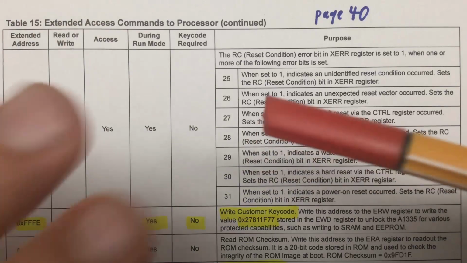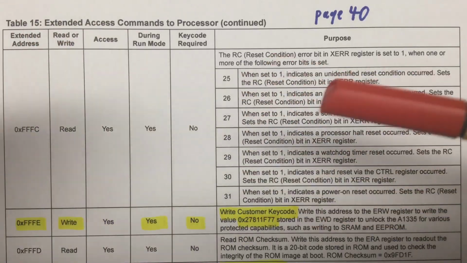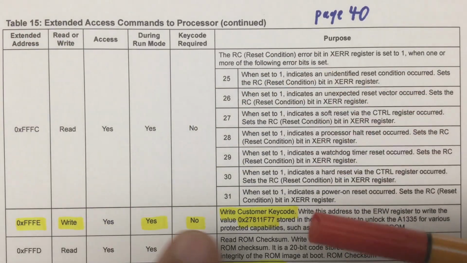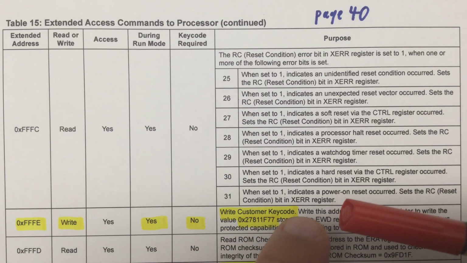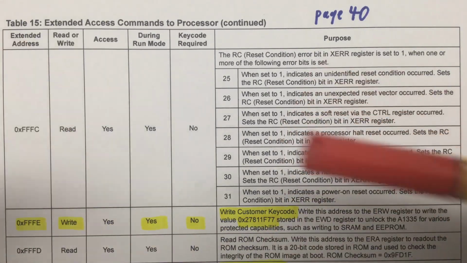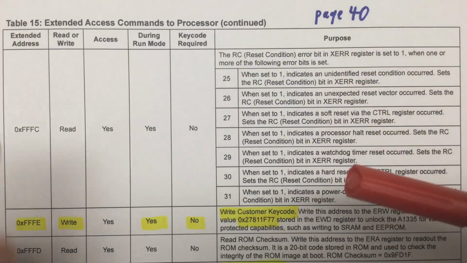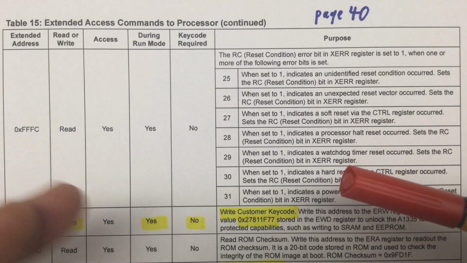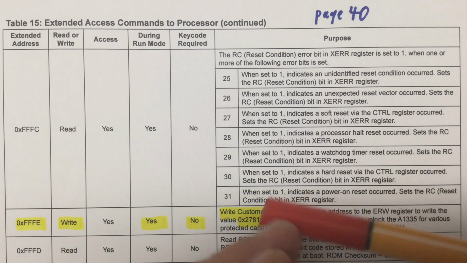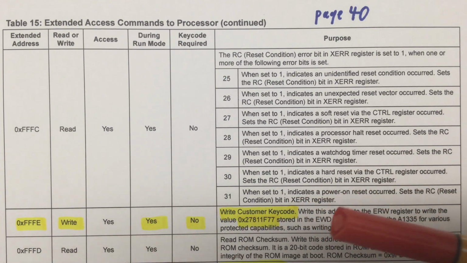Before we can talk as promised about the output rate, we'll have to talk about that write customer keycode extended command. So that resides at the extended address FFFE, and it's write only. You cannot read that address.